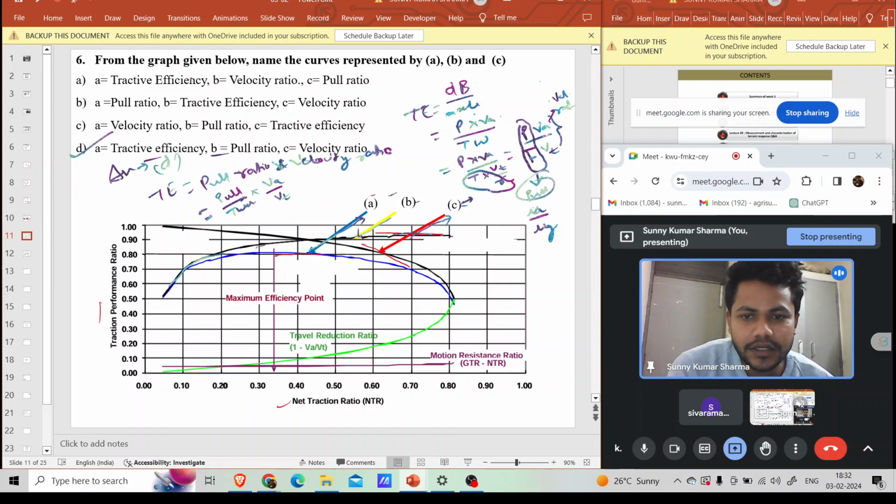NTR by GTR: mu n is the net traction ratio, and mu g is the gross traction ratio. This is denoted here in this curve, and these two ratios are always less than 1. So the tractive efficiency will also be lower than this value. So the tractive efficiency is below these two curves. This is the justification of this curve.